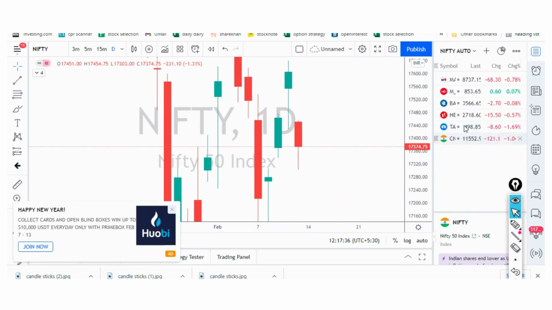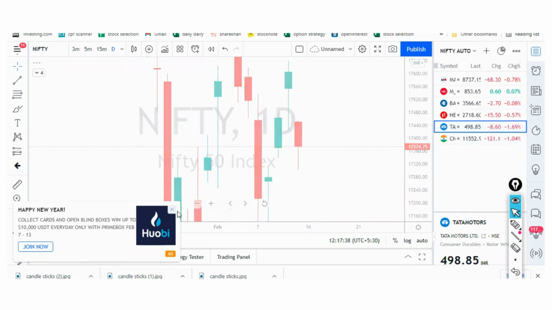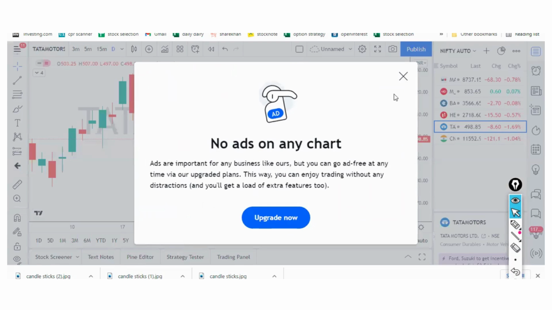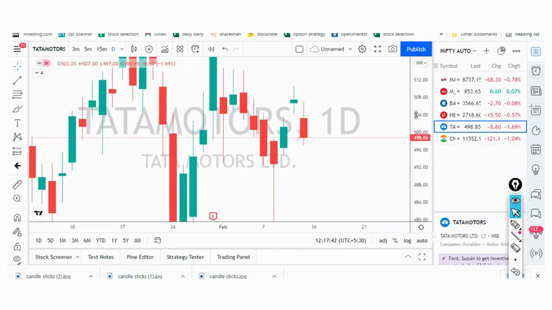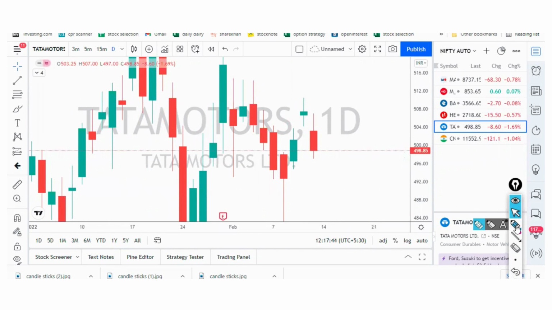For example, let's go to Tata Motors. Here, it's the same. Market opened at 503. It went as high as 507.